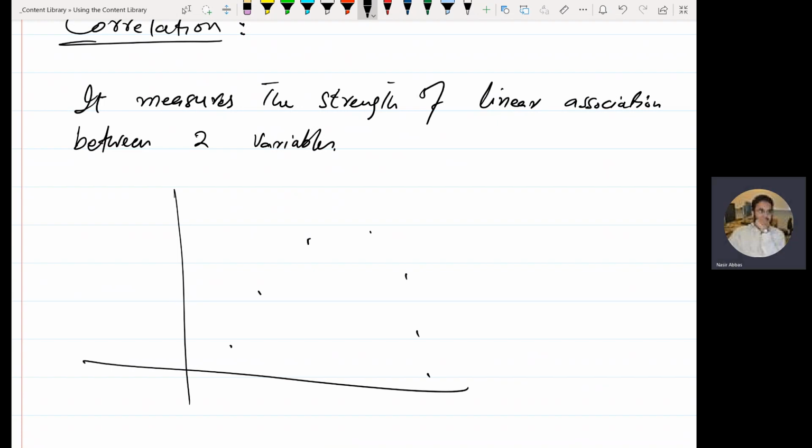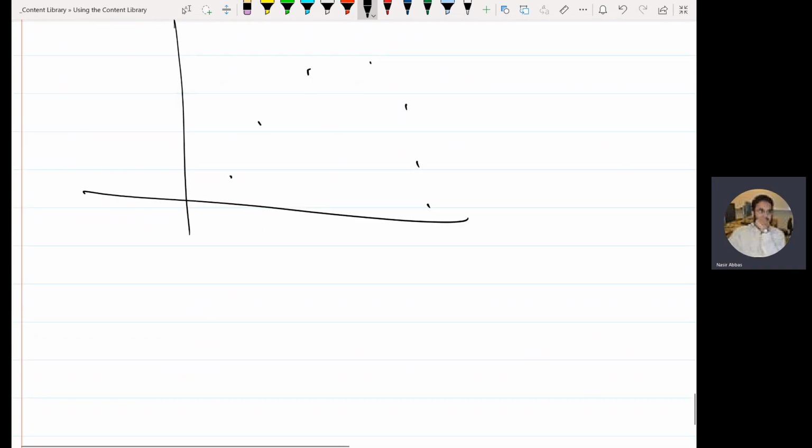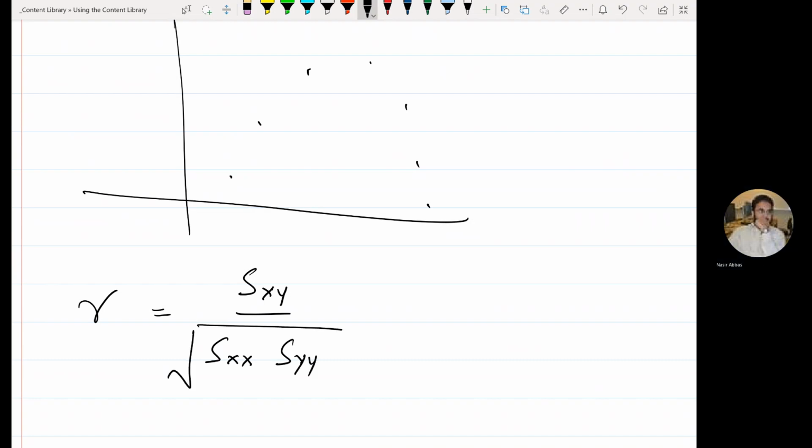But they are very strongly related. But the correlation, of course, will be 0. So correlation measures the strength of linear association. It is denoted by r. It is Sxy over the square root of Sxx times Syy.